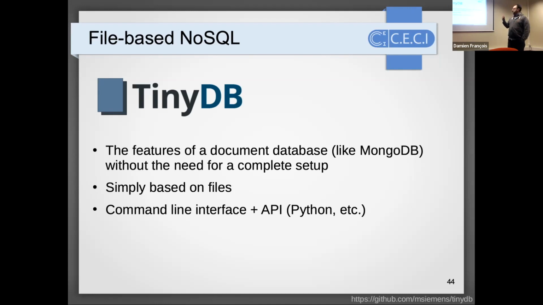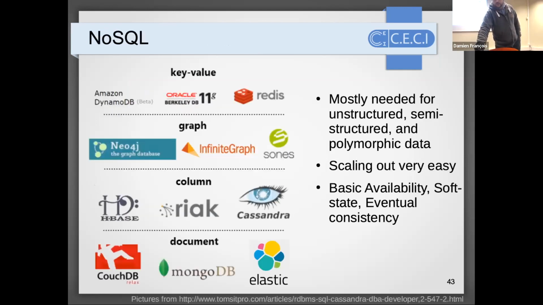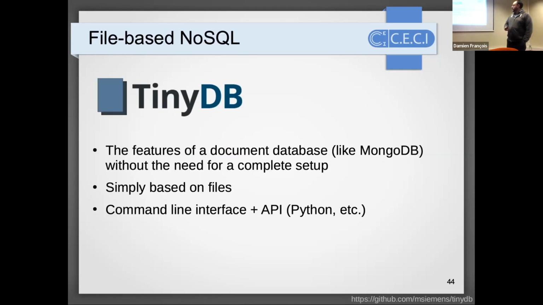Here with TinyDB, you have the same feature as MongoDB, which is the document database, except that rather than having a full-blown server that offers it, you simply store it in a file.